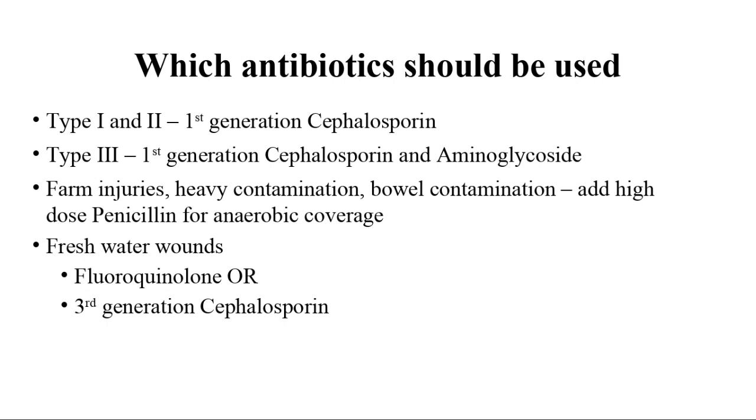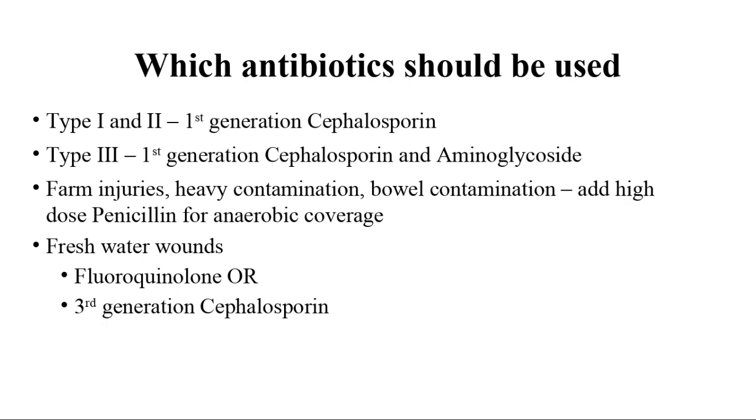So which antibiotics should be used? And I'm going to say this: it really depends on where you practice. If you practice in Canada, they're probably still using the first or second generation cephalosporin. What we found in Jamaica is that now we've gone on to the third generation cephalosporins.